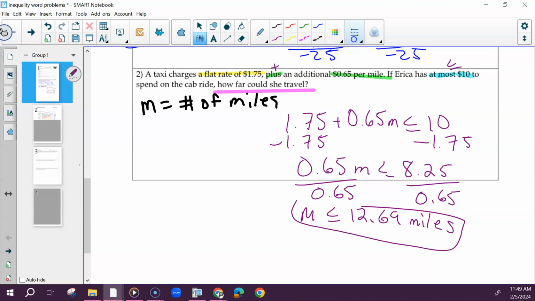So if she travels for 12.70 miles, she's going to spend more than her $10. And if we were to put that back in, you will see that. So you have yes. Yes. And yes.